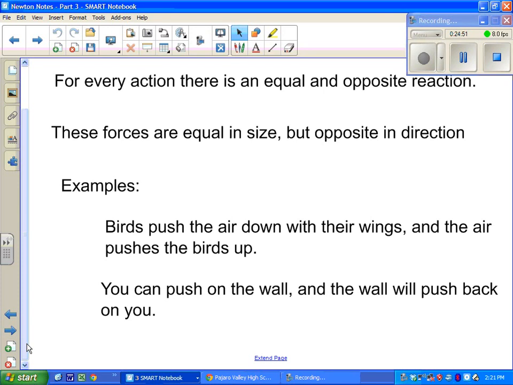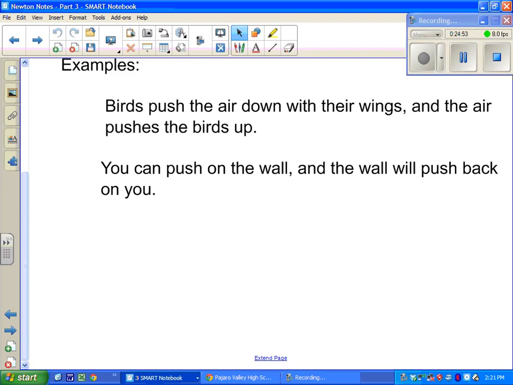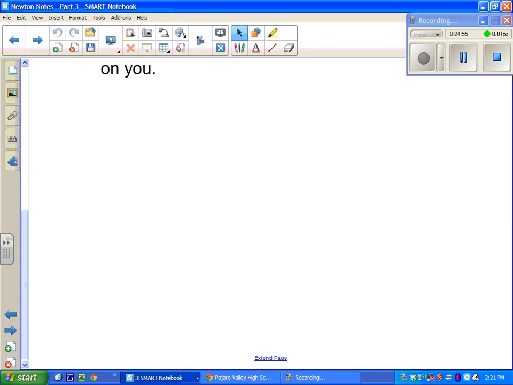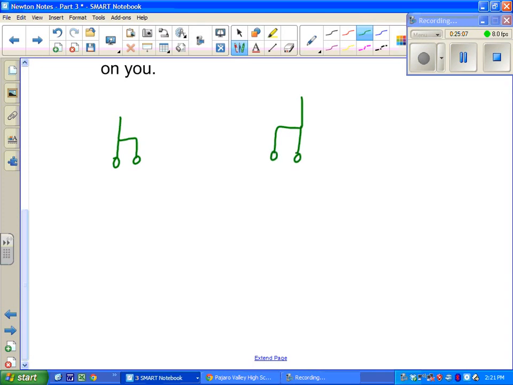And we saw this in class. We had 2 office chairs with wheels, and we put people of equal size on them. And we gave these people a rope.